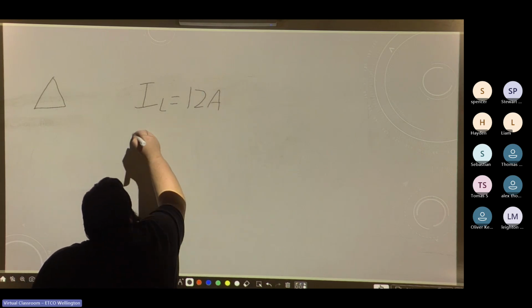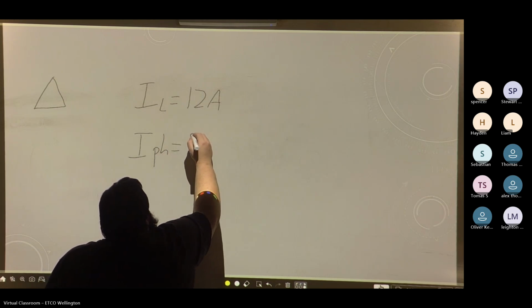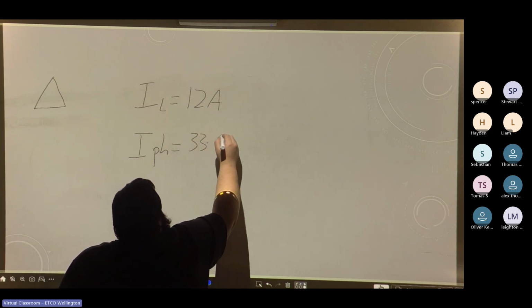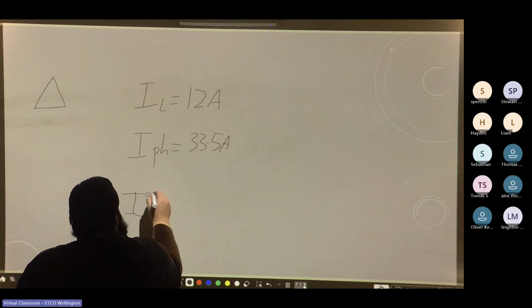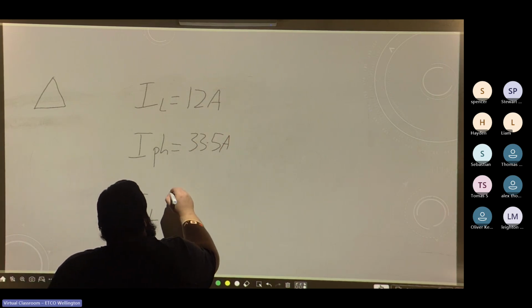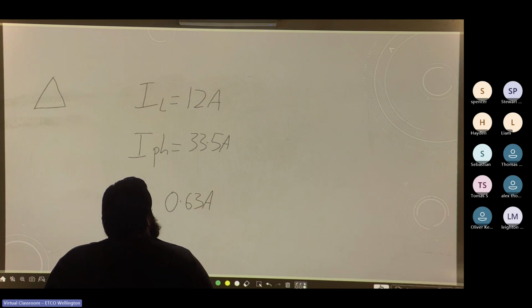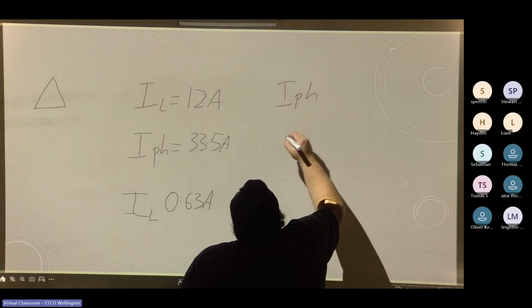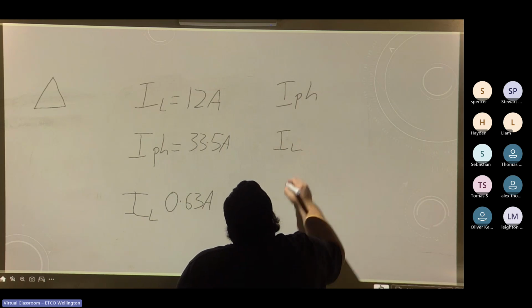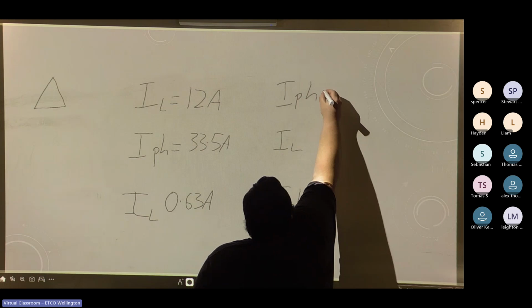The second one, we've got an I phase of 33.5 amps. And the last one, we have an I line of 0.63 amps. So the first one, find I phase. Second one, find I line. The last one, find I phase.